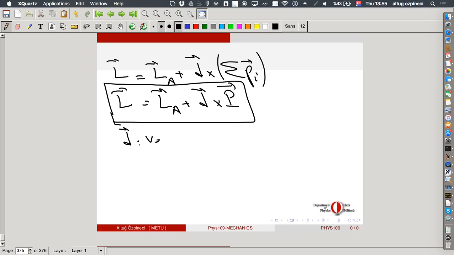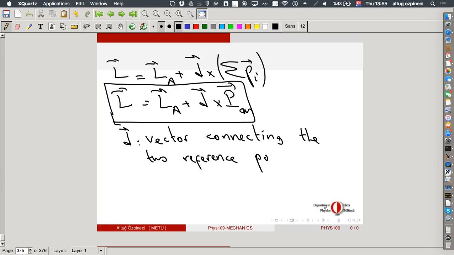D is the vector connecting the two reference points, or the center of mass. Okay, so what does this tell us? Now your comment was that we were defining angular velocity relative to an axis and angular momentum relative to a reference point.